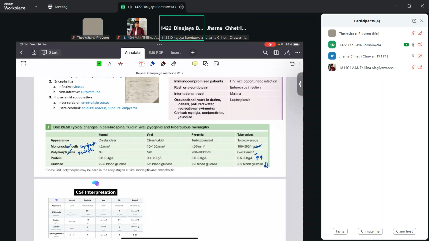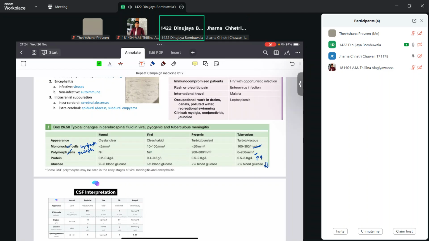So when the patient comes with symptoms and signs suggestive of meningitis, next what we are going to do is the basic investigations. So what are the investigations we are going to do for a patient with meningitis? We have to do CSF analysis.